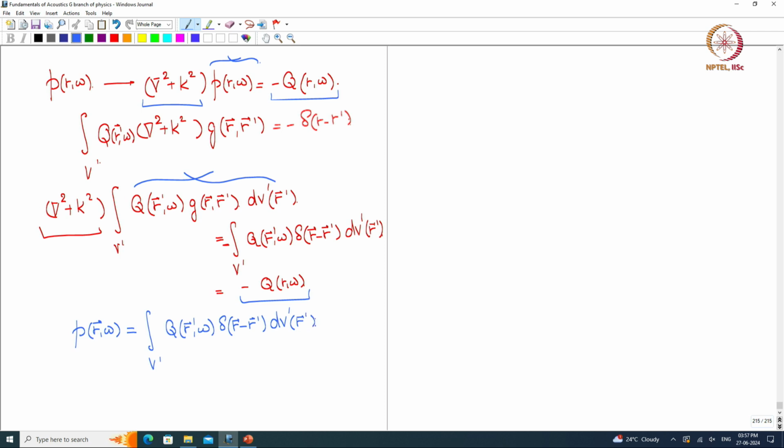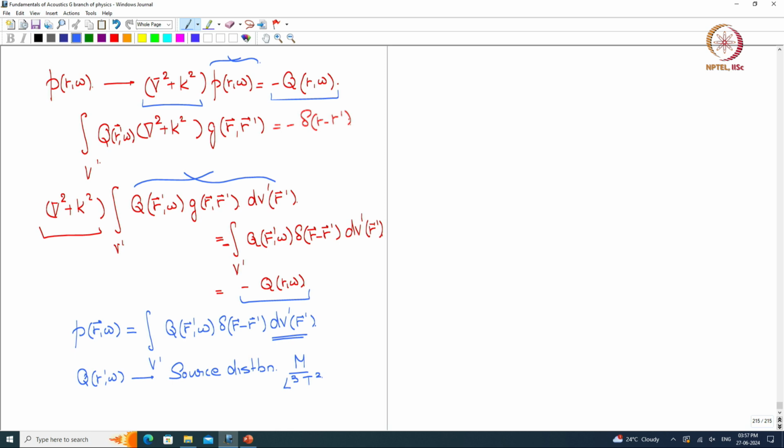I put a bar on that because this carries all the volume element differentials. Now q of r dash comma omega denotes the source distribution in the units of mass over volume over time square.